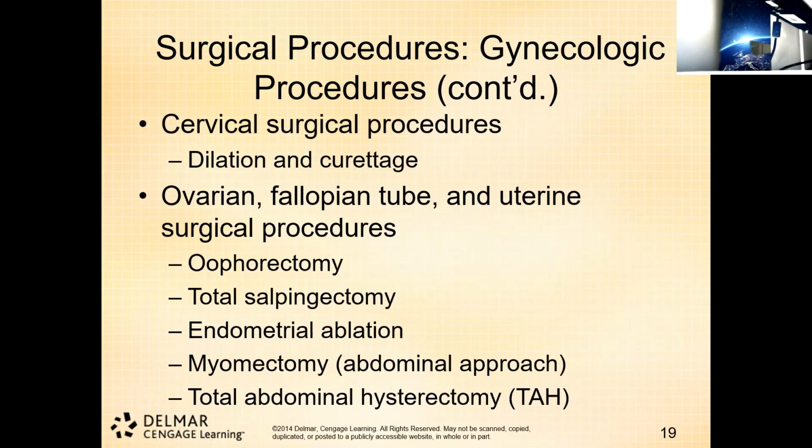One of the things they're looking at when you're looking at a gynecological surgical procedure and trying to understand what's going on, dilation and curettage would be one of the procedures that they will perform. That is normally done for diagnostic purposes, and then they can go from there, especially when an IUD is lost in the patient. They try to find it and take a look.